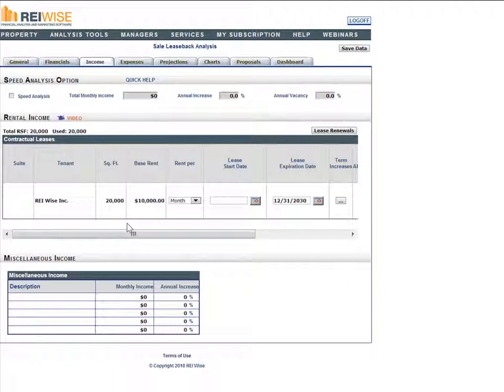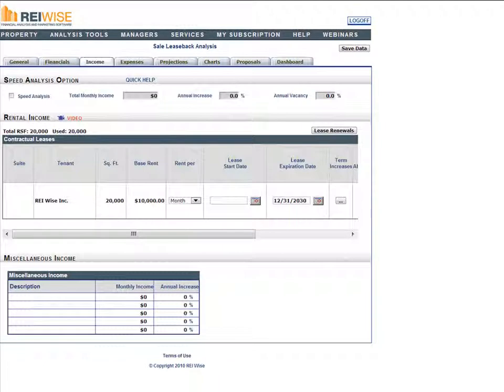Moving to the Income tab, we have our income table, which has our contractual lease. In the income table, you want to enter in the value of the projected rent that you would be paying if you were to sell the property and lease it back.